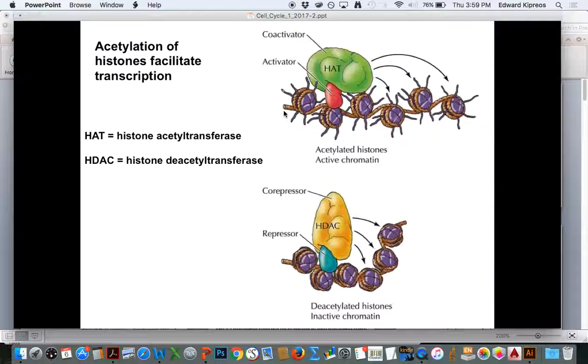What's the answer? How does it make any difference whether or not the histone arms are acetylated? Raise your hand when you answer. I can't tell who's talking.